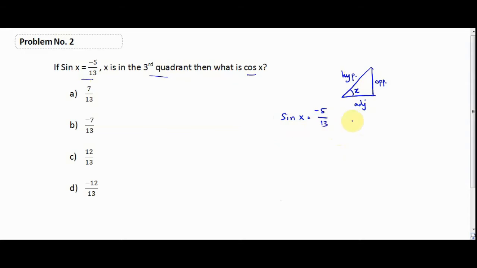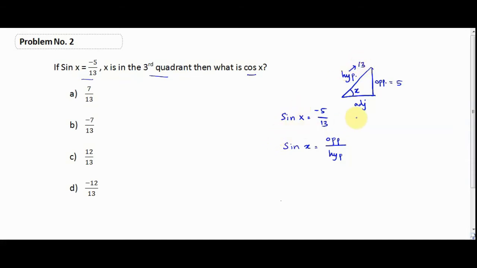We know that for a right angle triangle like this, sin x is equal to the length of opposite side divided by the length of hypotenuse. So here as per this, since sin x is equal to minus 5 by 13, the length of this opposite side will be equal to 5 in magnitude and the length of this hypotenuse will be nothing but 13.